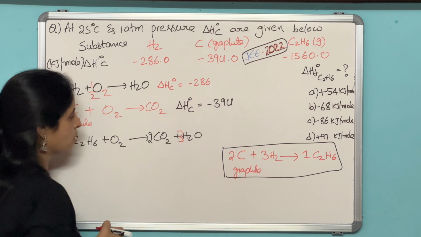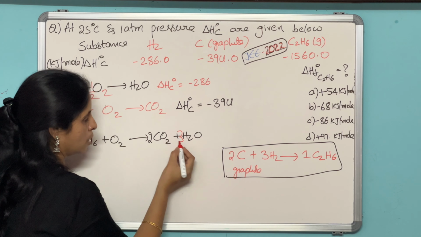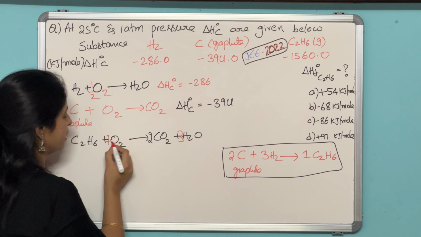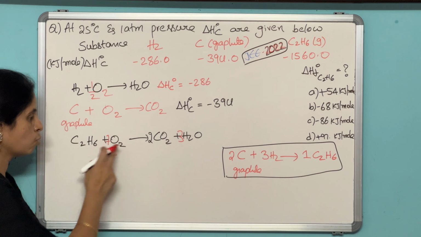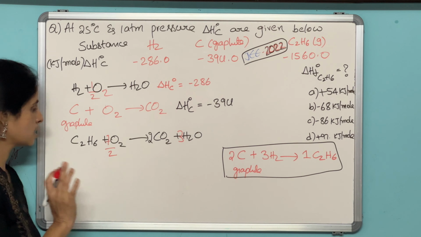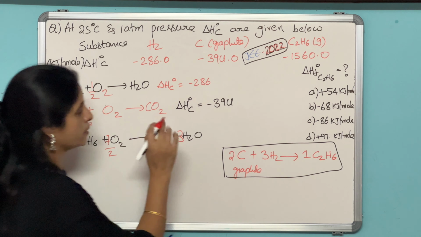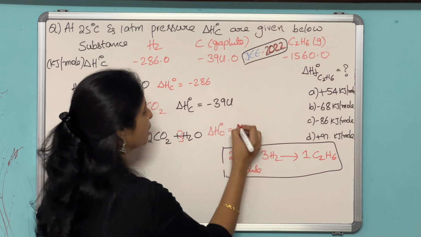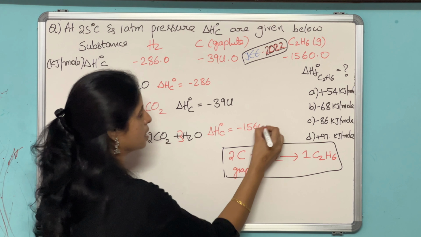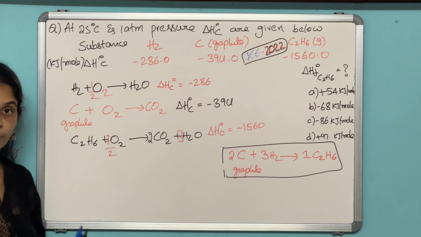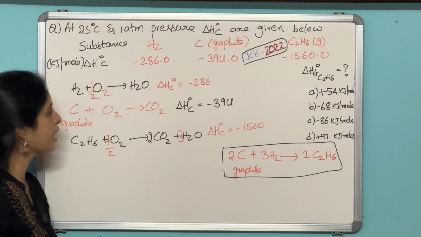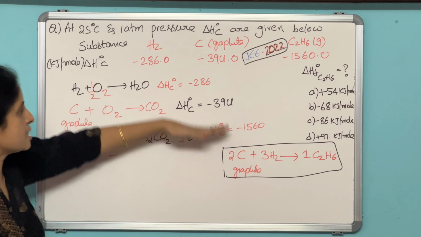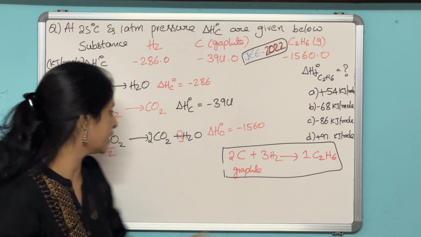Now, how many oxygens are there? 2 2s are 4 plus 3, 7. So, 7 by 2 O2. Delta H naught C is equal to minus 1560 kilojoules per mole. Now, from these 3 equations, you have to write the required equation.